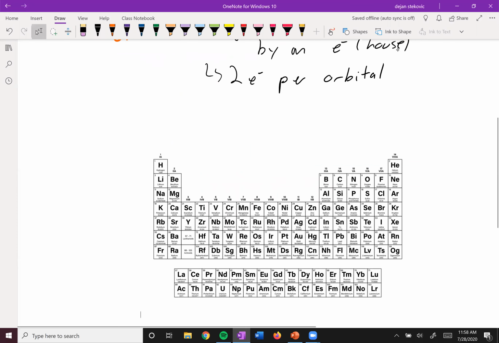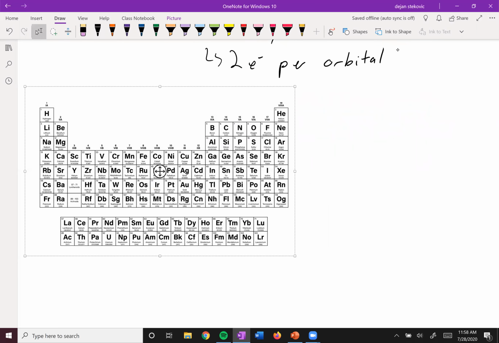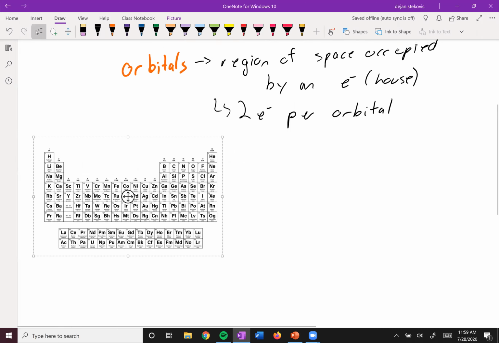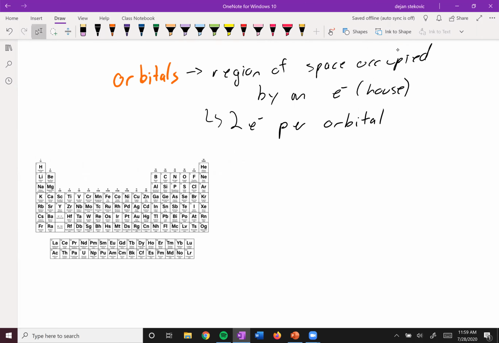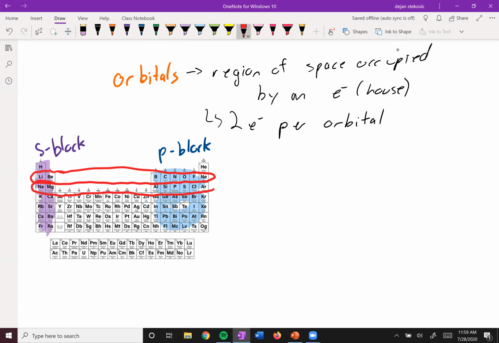And so if we take a look at our handy dandy periodic table here, we know it's also organized based on these orbitals. This 2 column is called the s block, because it has the s orbitals in it. And this grouping of 6 groups over here is the p block, because there are p orbitals. In one period, we have 8 valence electrons.